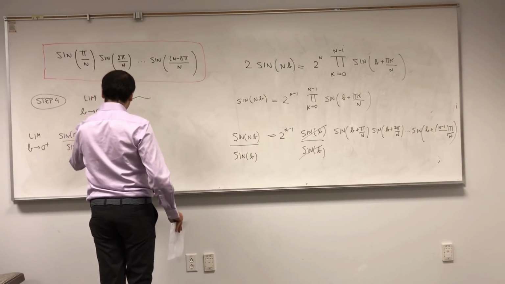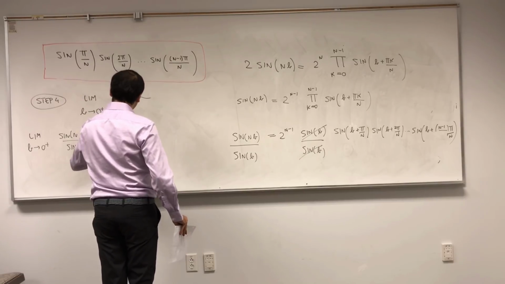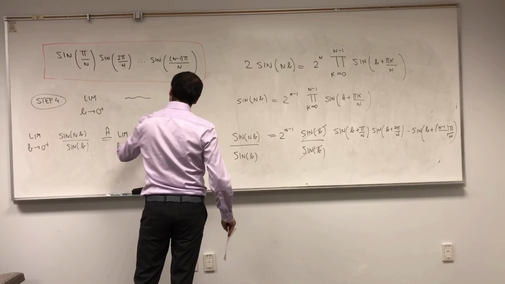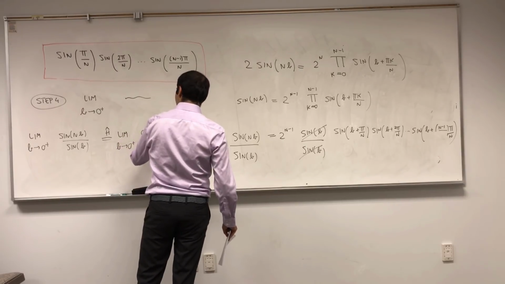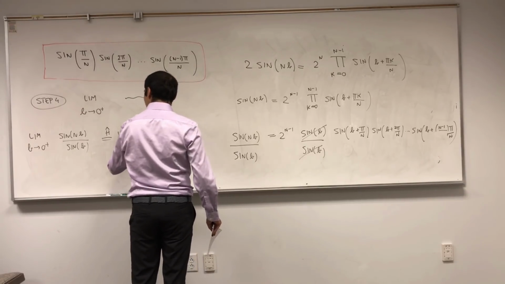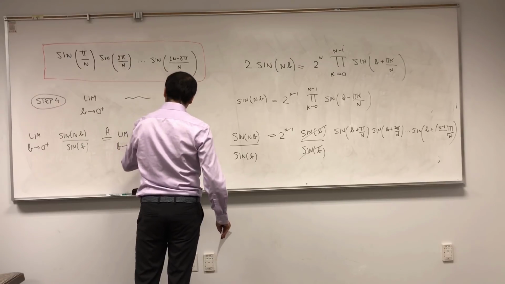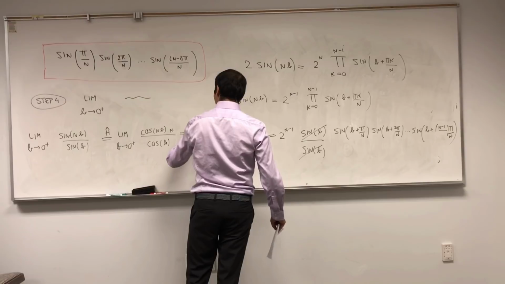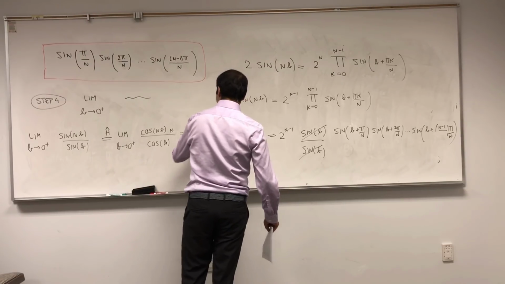To calculate this, use L'Hopital's rule: the limit as b goes to 0 plus of cosine of nb times n over cosine of b, which equals 1 times n over 1, and that's n.